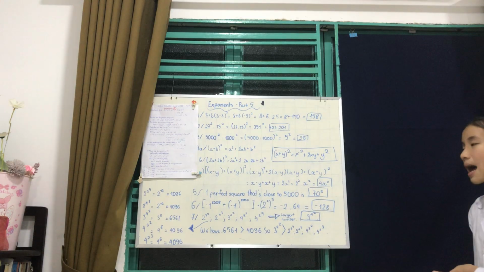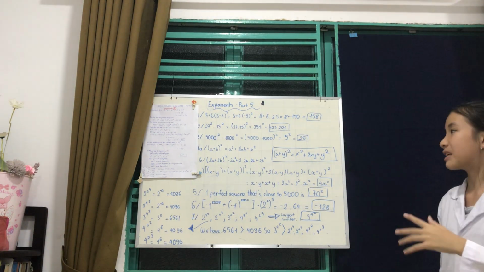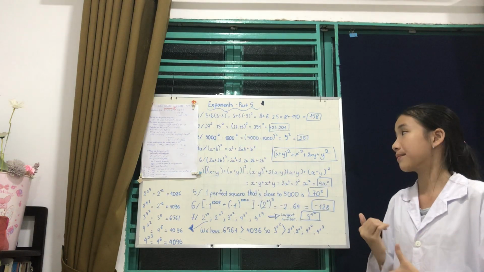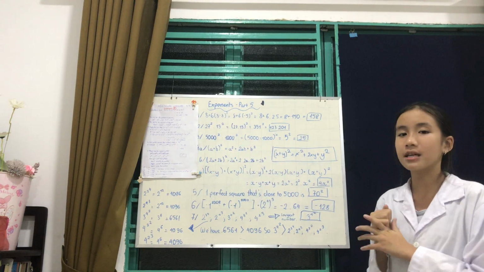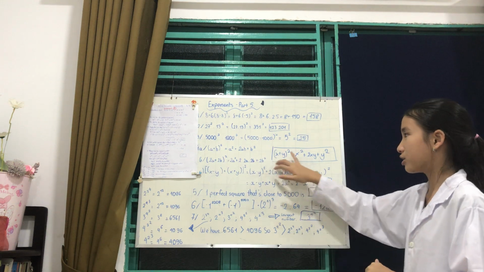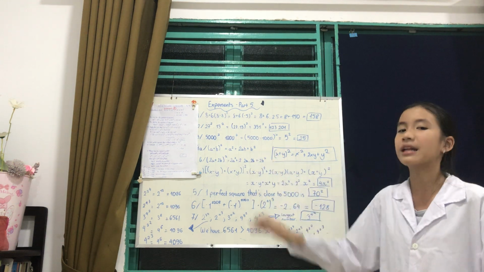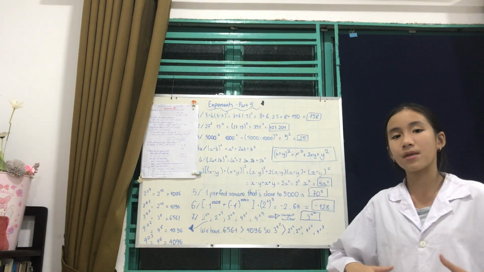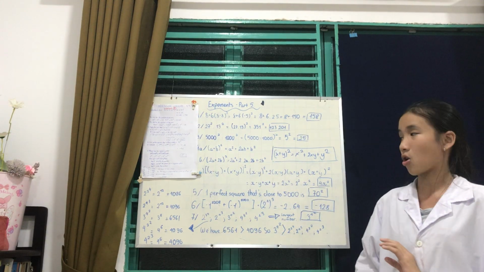For the first example, we have (a plus b) squared. This will equal a squared plus 2 times a times b plus b to the power of 2, which I just applied. This one is pretty easy, right? For problem number B, it is a bit more difficult.